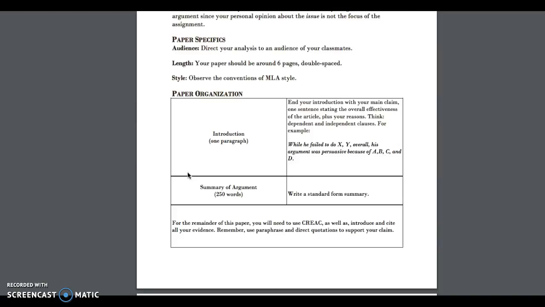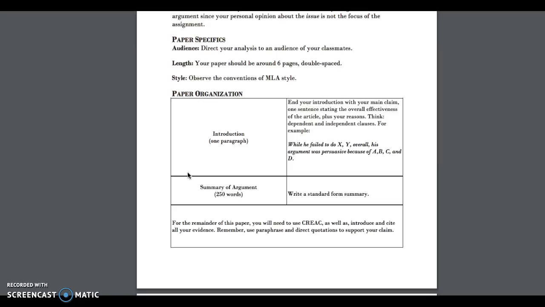So for example, you may write something like, while Joe Smith fails to effectively persuade his audience through ethos, his logos and pathos effectively convince his audience of blank, right?